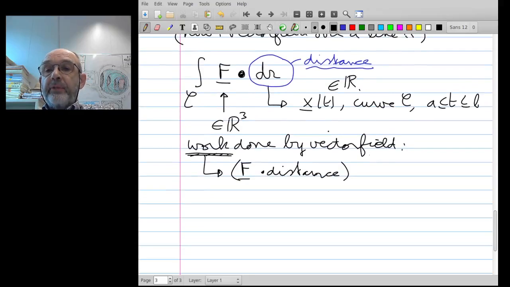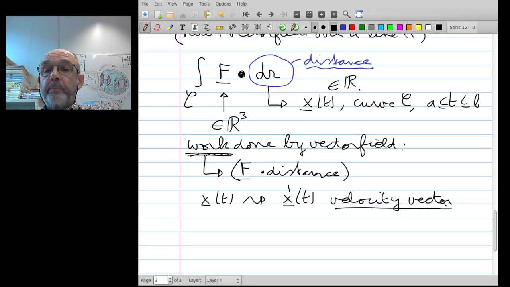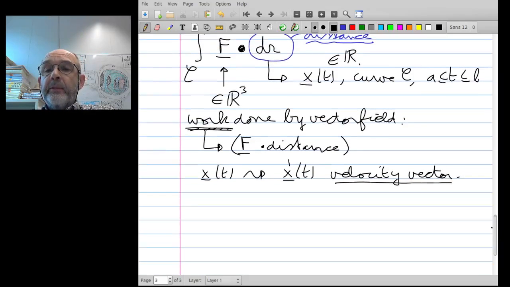Now, if you have that curve x(t), you can differentiate it, you get the derivative, and we have the velocity vector. Now we have a vector. Be careful, velocity vector, just as we did before. And what can we then do?